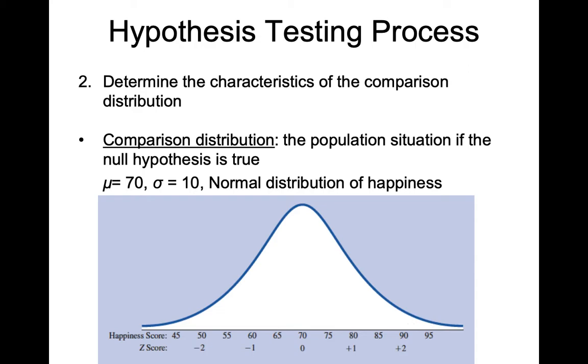The advantage of being able to assume that happiness is normally distributed is we know the probability of obtaining a happiness score when converted to a z-score. Okay? We know the probability of scoring higher than or lower than any particular z-score. And that's important for establishing our critical value that is associated with our levels of statistical significance.